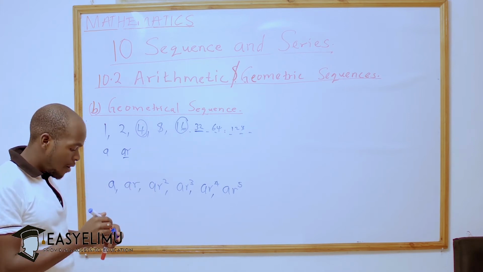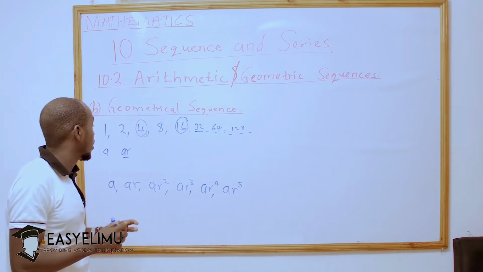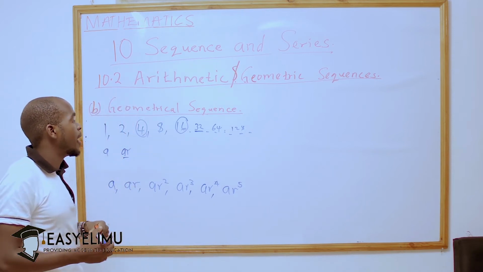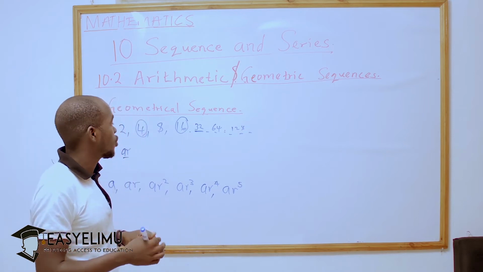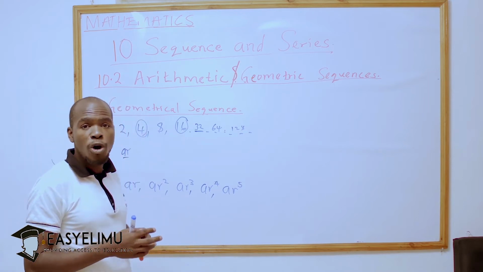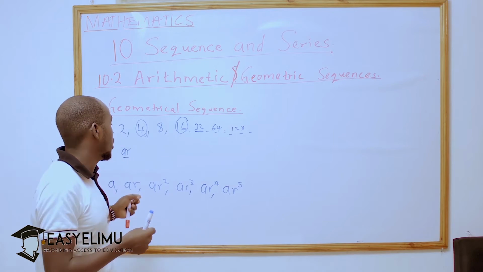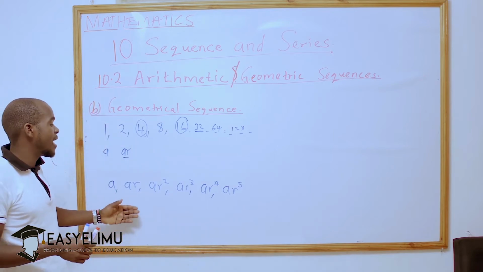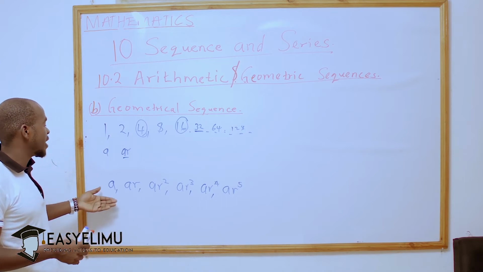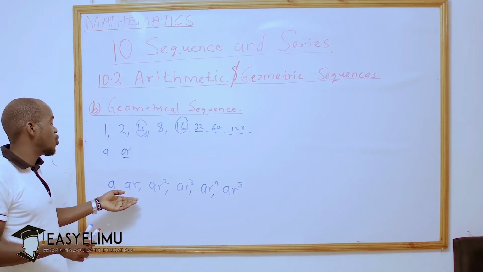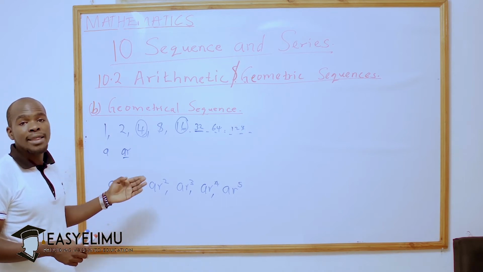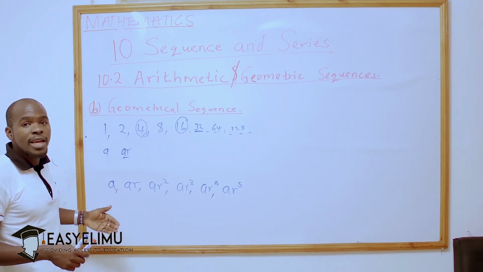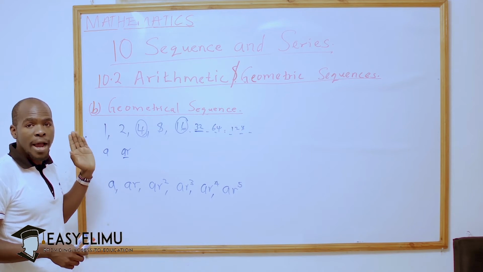So that is what we have identified from that pattern of numbers. A sequence which has a common ratio is referred to as a geometric sequence. To predict the next term, you take A, the first term, and multiply by R, and the preceding number is multiplied by R.